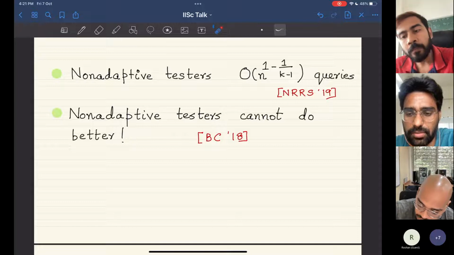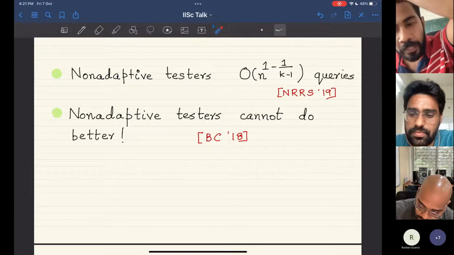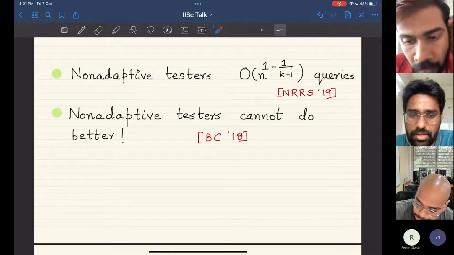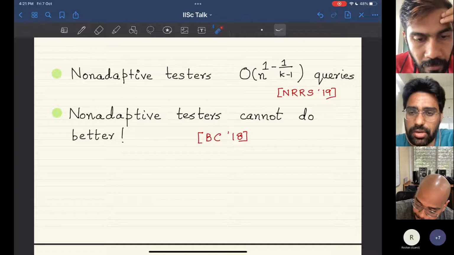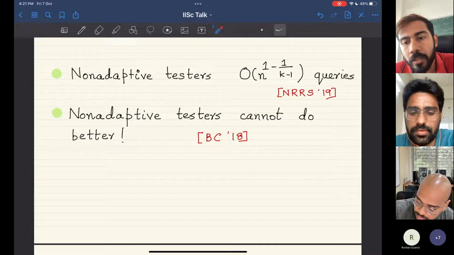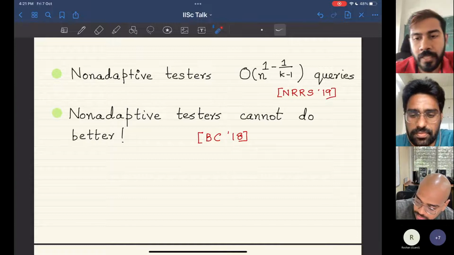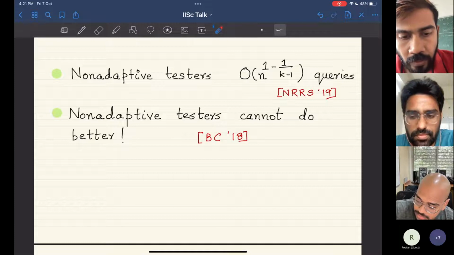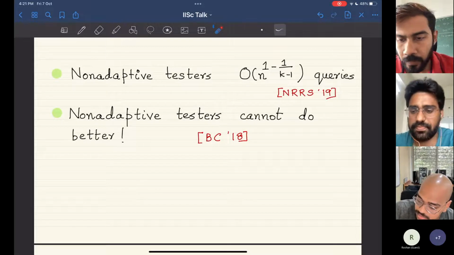For 2-1, the lower bound is omega log n, even for non-adaptive. And you can do log n with non-adaptive also. Yes, you can do log n with non-adaptive. For 2-1 freeness, the known testers are all non-adaptive log n query testers. Okay, thanks.